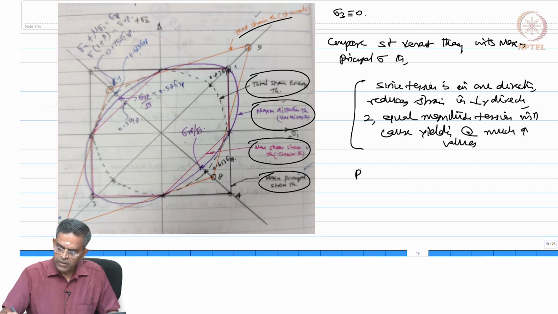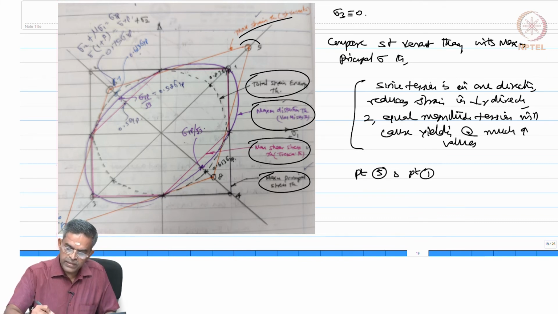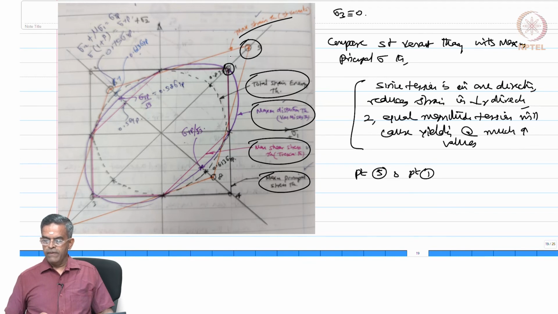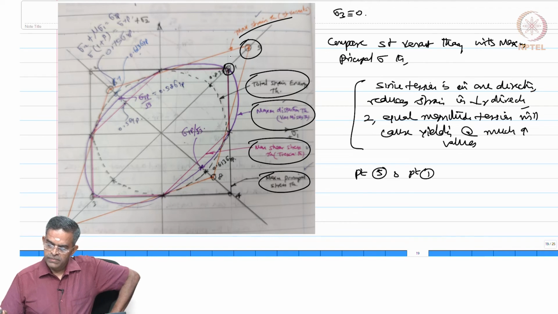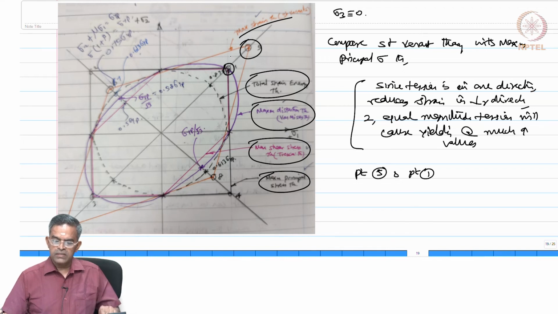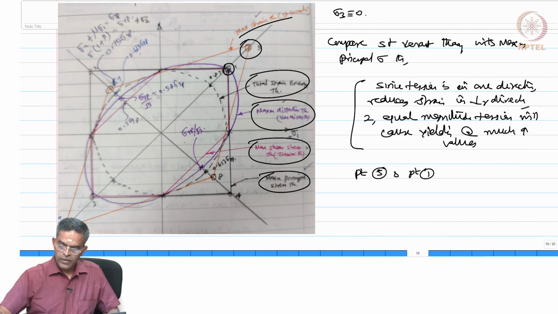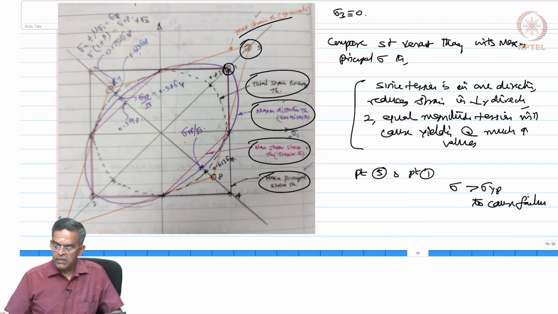We can compare points 5 and 1. 5 is here, 1 is here. When you have both stresses as tensile, you will see that yielding is caused at much higher stress exceeding sigma yp, is it not? So, stress exceeds sigma yp to cause failure. If I say failure is at yielding, then this stress is exceeding sigma yp to cause yielding, is it not?